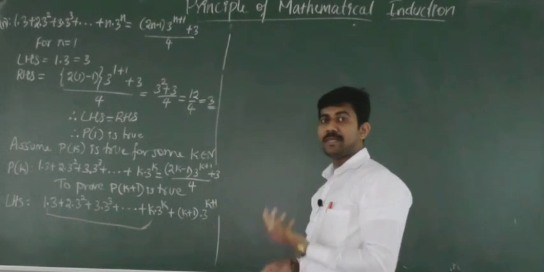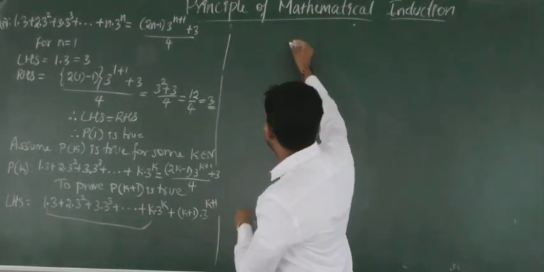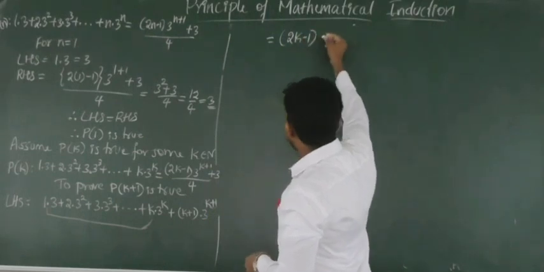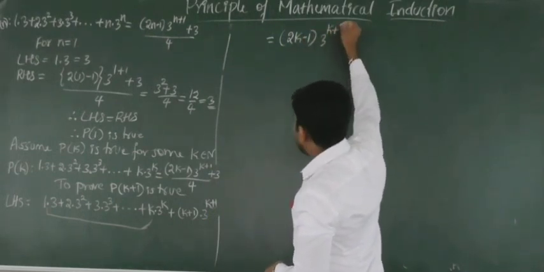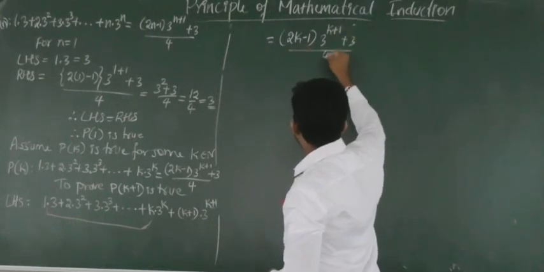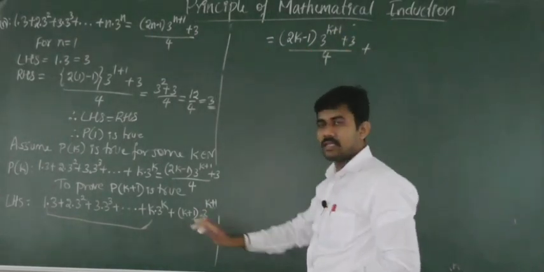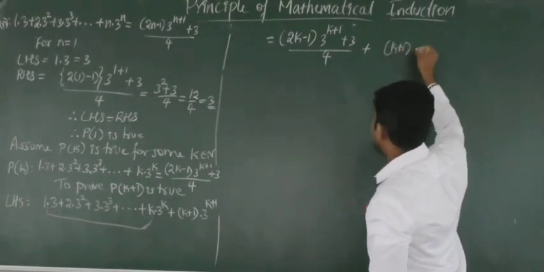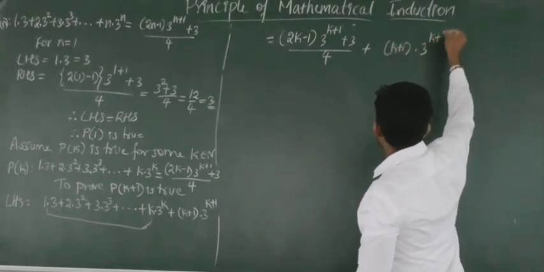So I'll just replace that value, so we'll get (2k minus 1) into 3 to the power (k plus 1) plus 3, whole divided by 4, plus the next term, that is (k plus 1) into 3 to the power (k plus 1).